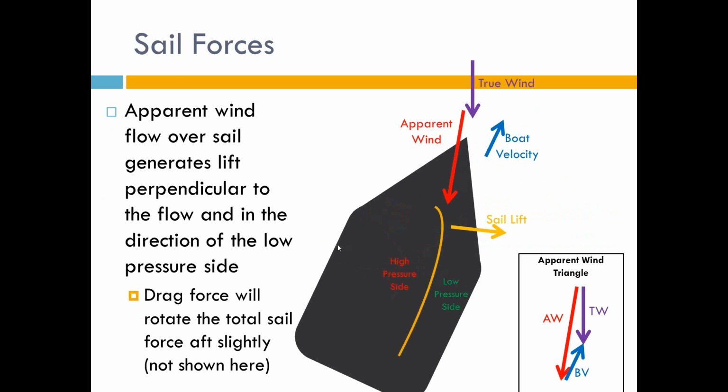So now let's look at the sail forces. We have our true wind and our boat velocity in this case, and then in this box down on the right here we have that vector plot, so we get our apparent wind angle. It's slightly offset from the true wind because the boat velocity is factoring in. Think of that as you're riding your bike and you have that wind coming in front of you from whatever speed you're riding at.